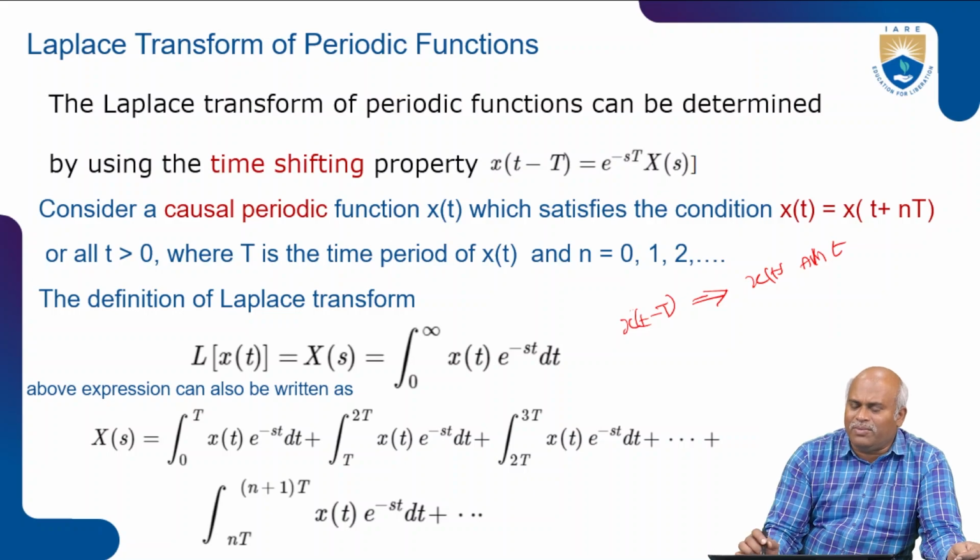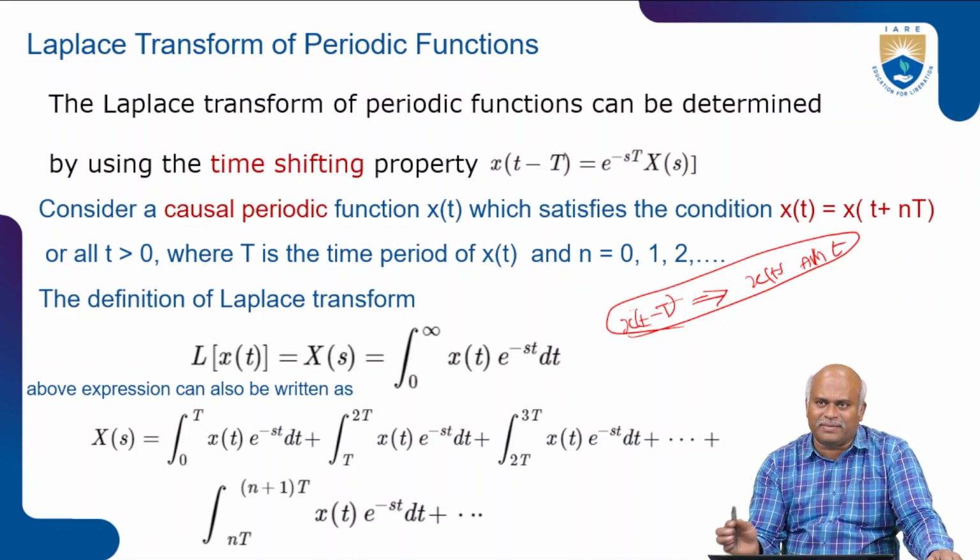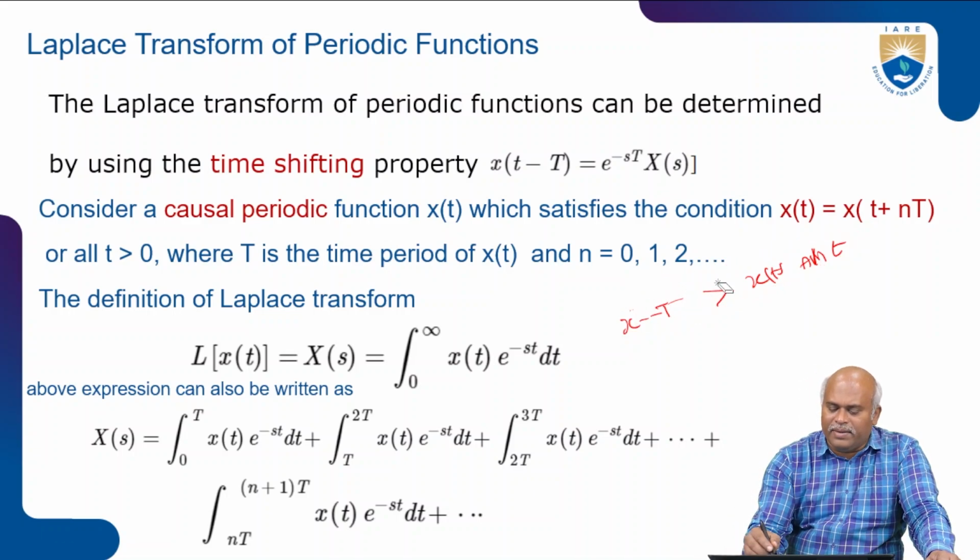Based on this condition, we use the time shifting property of the signal: x(t minus T) is equal to e power minus sT X(s).